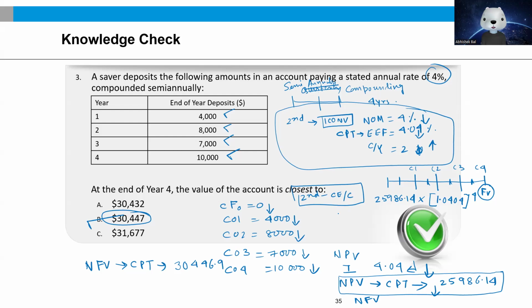It's exactly going to yield you the result of 3447. All right. So this is identical.